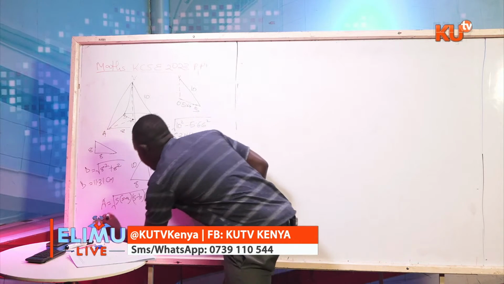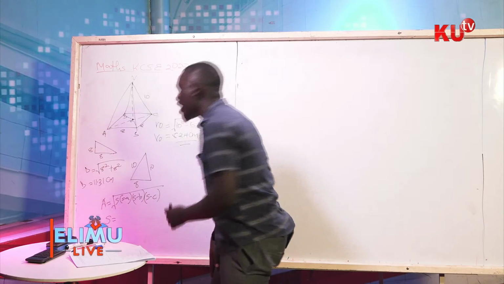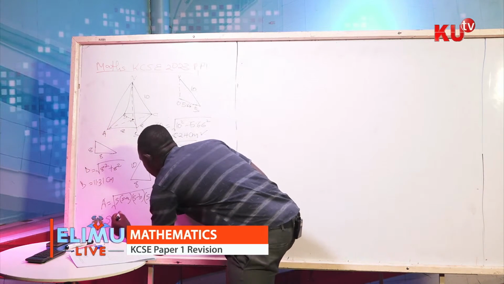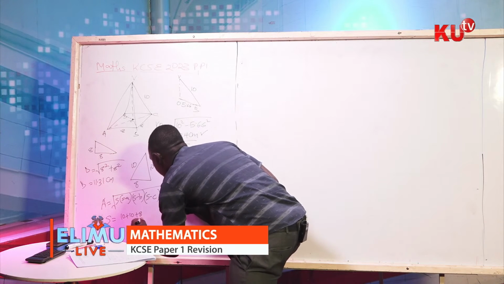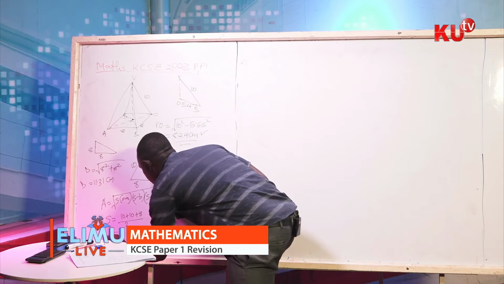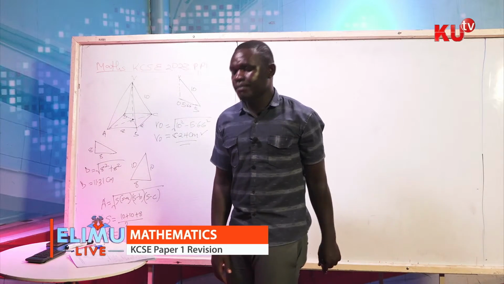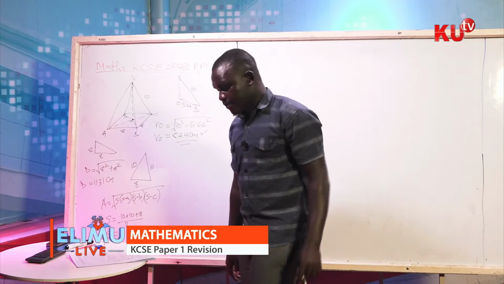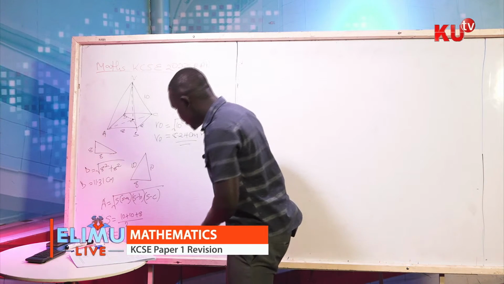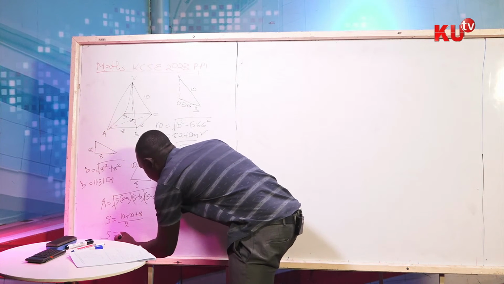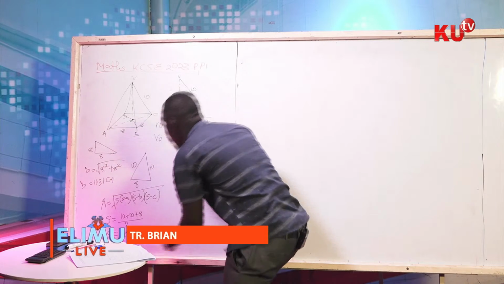Now, how do you get your S? To get your S, it is half of the perimeter. It is 10 plus 10 plus 8, and you divide that by 2. So I'm getting my S as 14 centimeters.